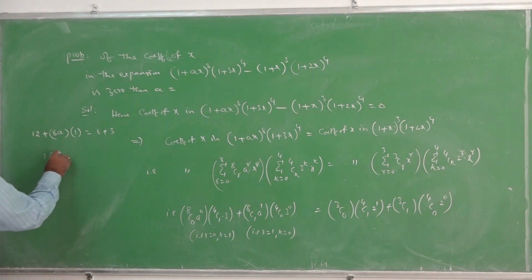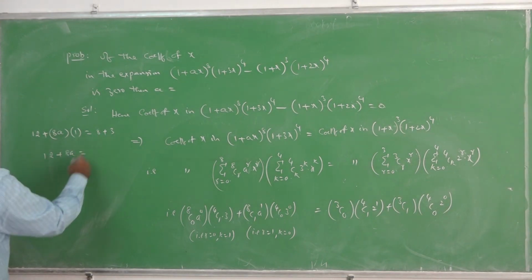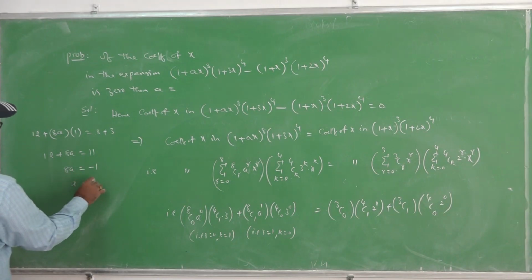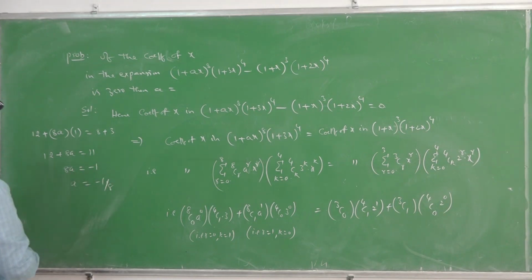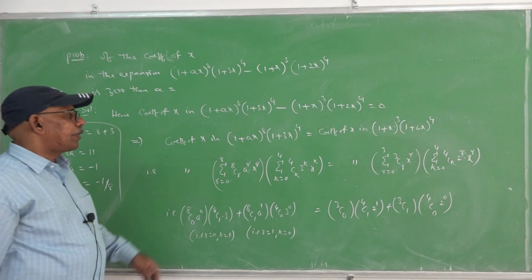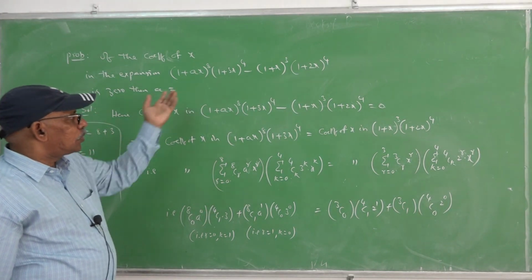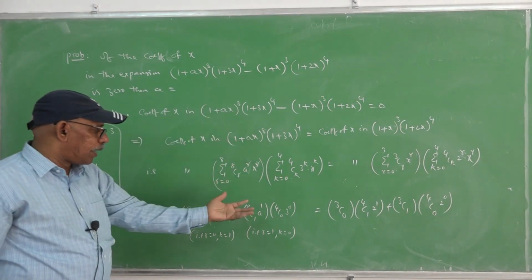So 12 plus 8a equals 11, so 8a takes the value minus 1, and a takes the value minus 1/8. In such a way, you can find the required coefficient in different binomial expansions or products of binomial expansions.